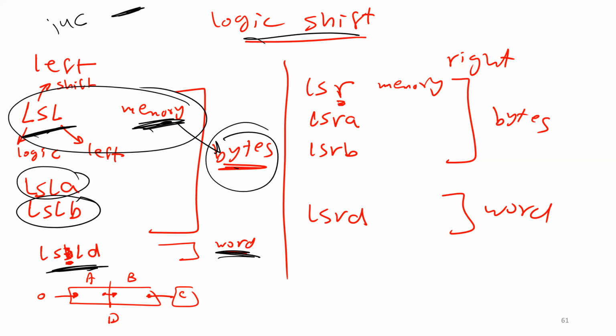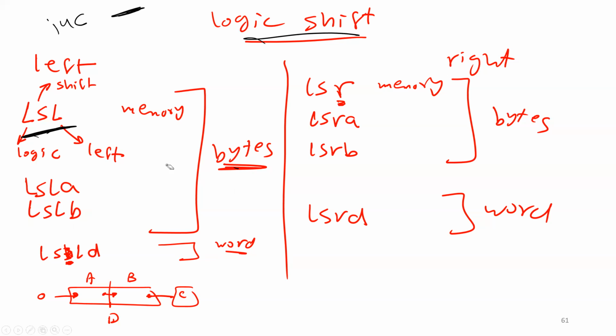In case of register D, as you see here, guys, when you shift left this way, what's going to happen here? Sorry, this is shift left. The direction is not correct. This one is shift left, so it has to be this way. I'm sorry.